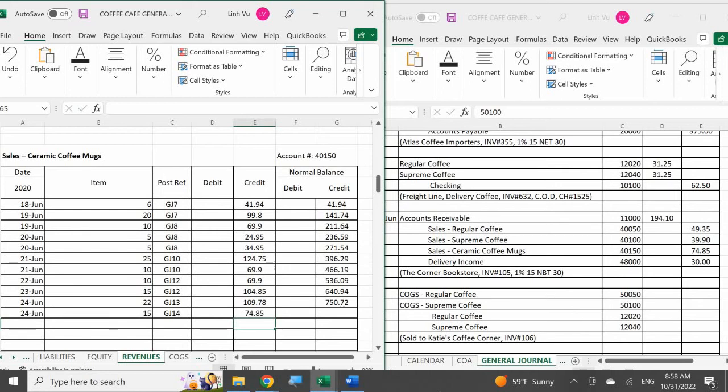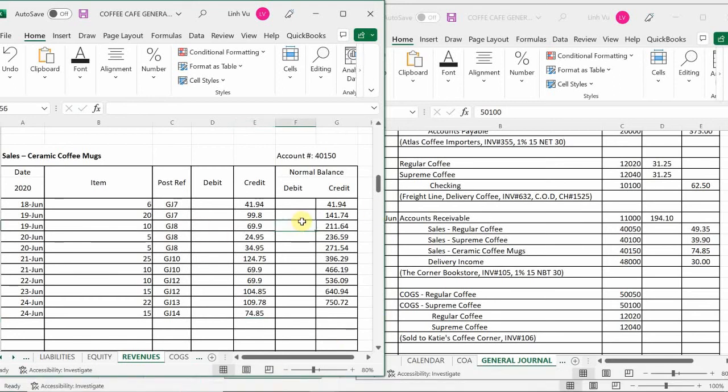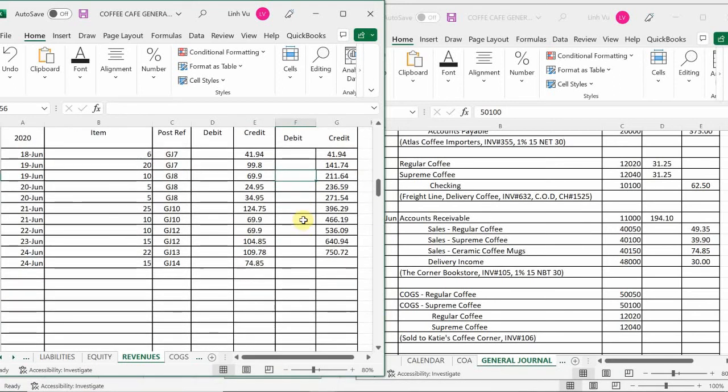So what is the grand total here? $825.57. Good.